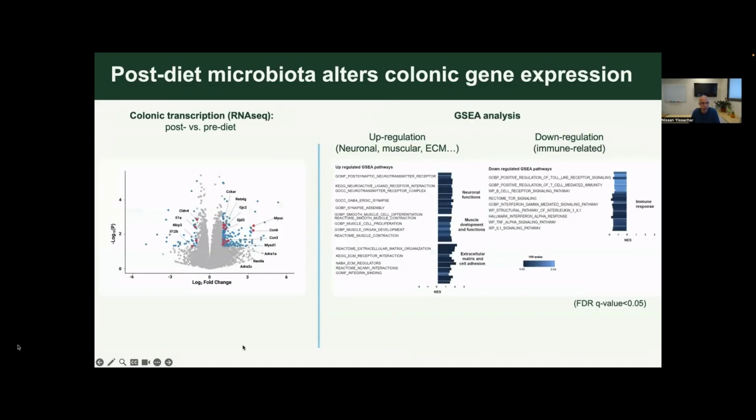And when we did that, we found, very interestingly, that post-diet microbiome differentially affects tissue transcription. Post-diet microbiota induces neuronal and neuromuscular functions and the pathways associated with the extracellular matrix and cellular adhesion, while suppressing inflammatory effector immune responses like TNF and IL-1 and other TLR signaling and so on.